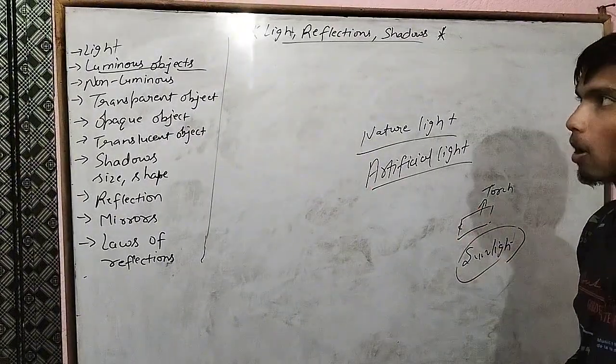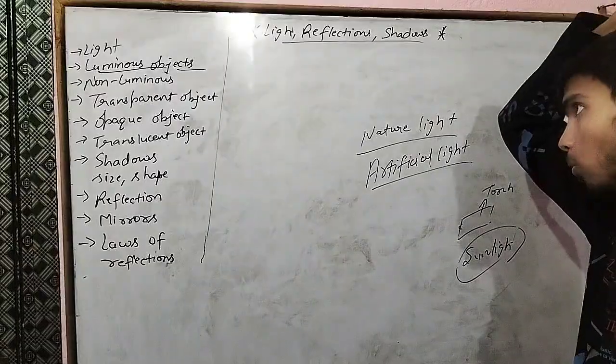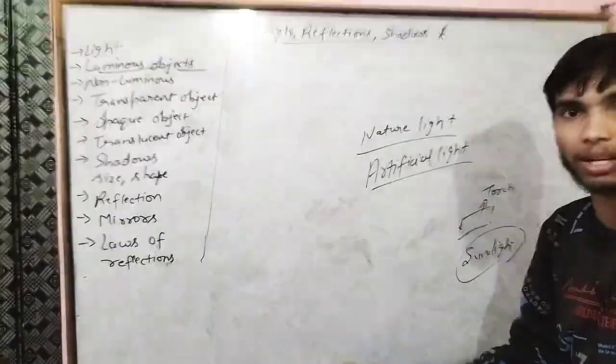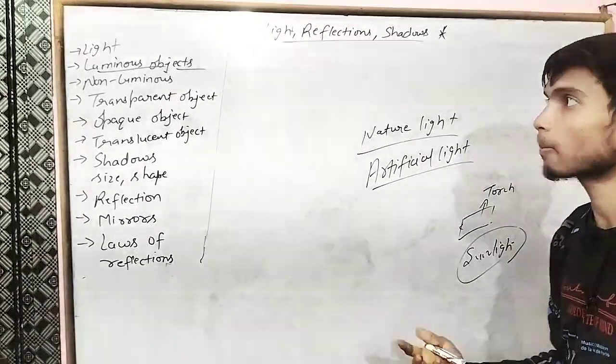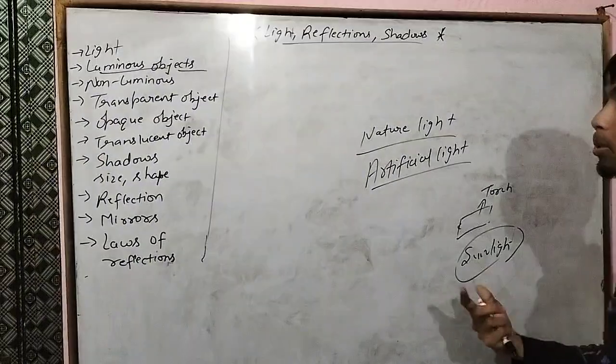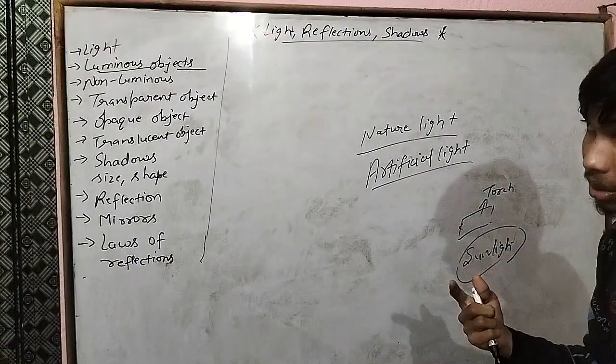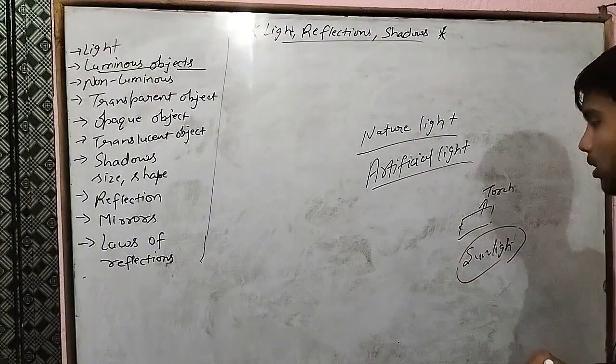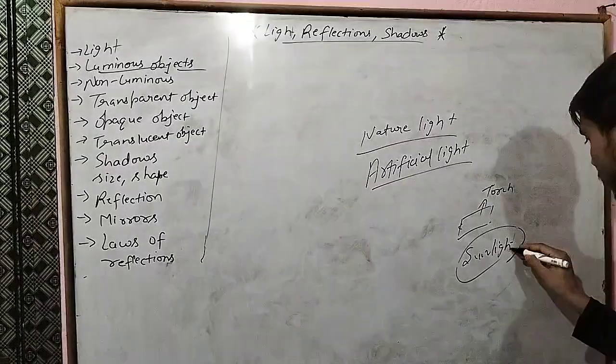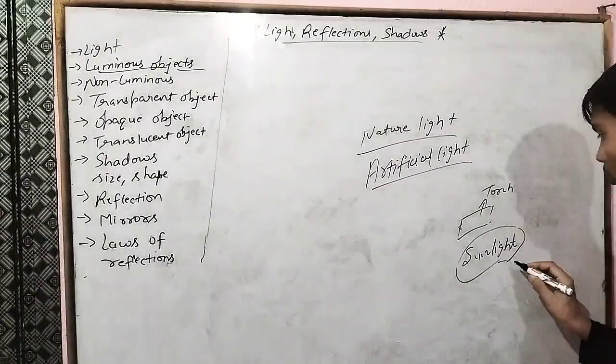Let's see non-luminous objects. Here we are identifying which type of objects would be non-luminous.